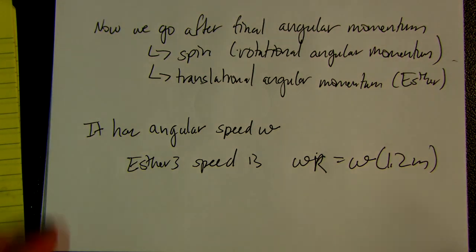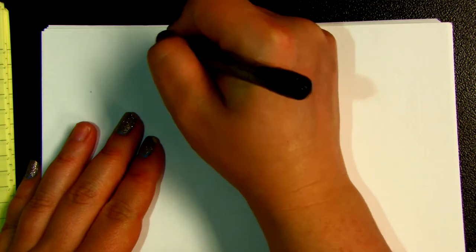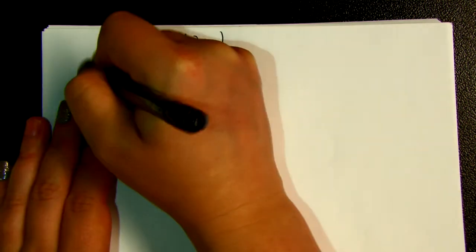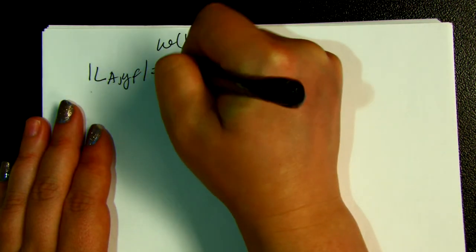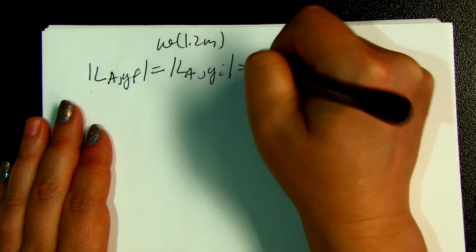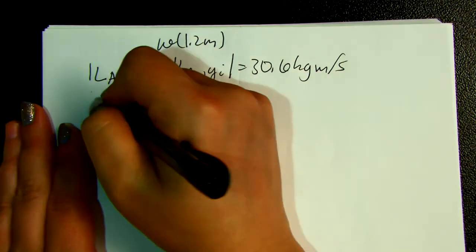Let's make that a capital R. Okay, so we have speed omega times 1.2 meters. We know that angular momentum y final must be equal to angular momentum y initial, which is equal to 30.6 kilogram meters per second.